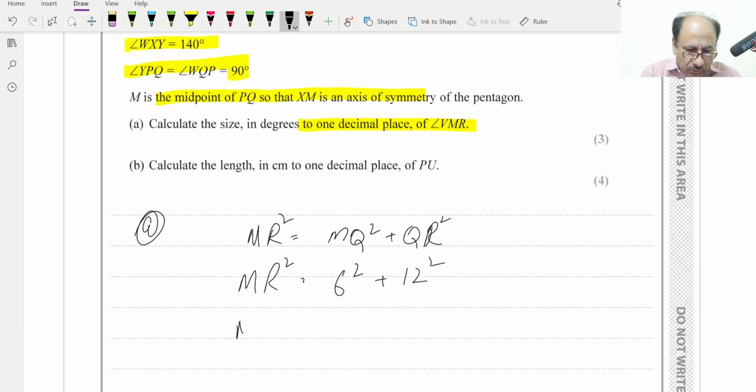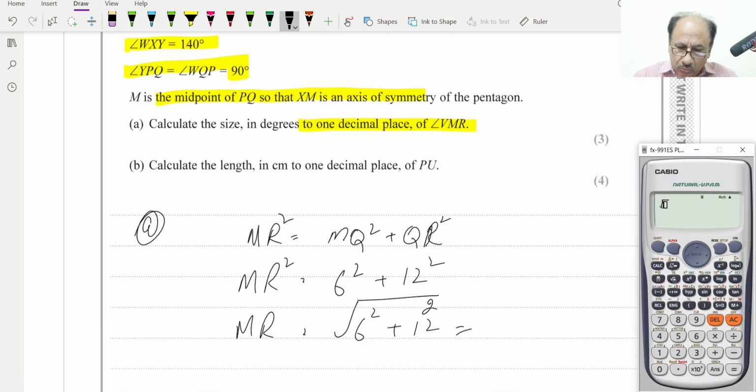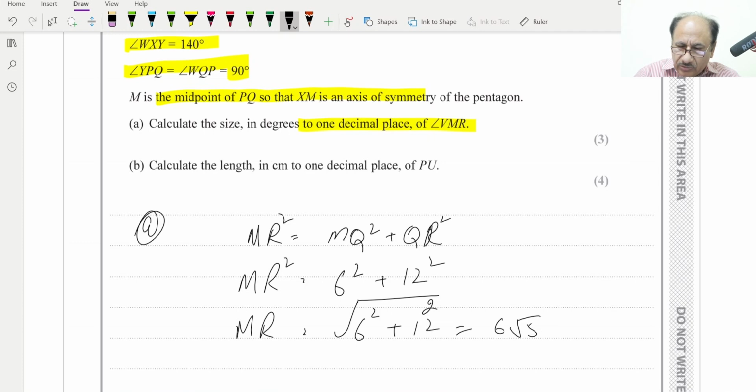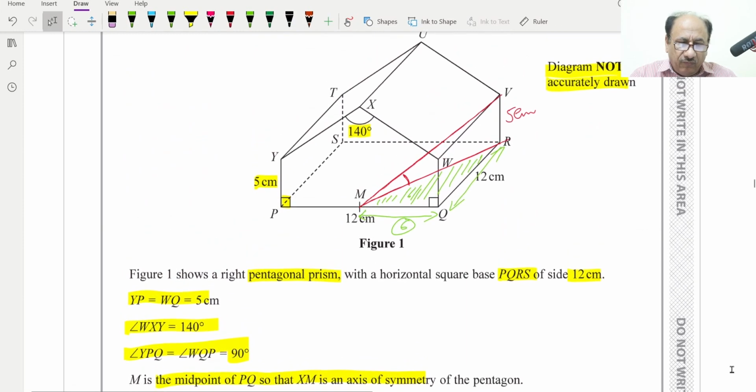So MR is the square root of 6 squared plus 12 squared, and this is equal to 6 root 5. This will be our MR value which we found.